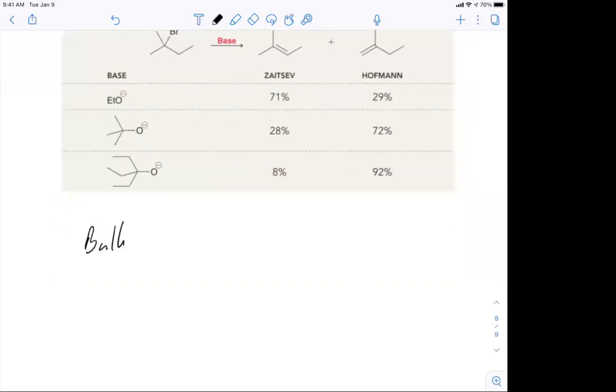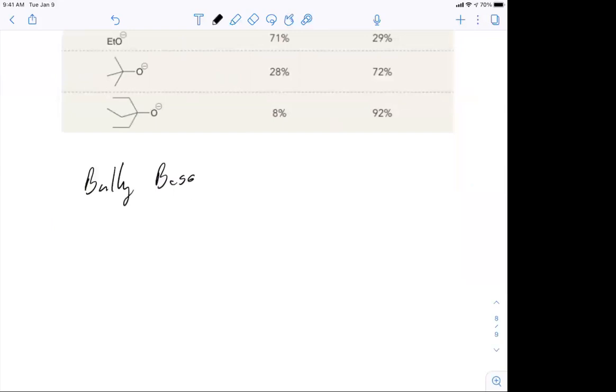So the bulky bases that you're going to see, and that's the term we usually use for sterically hindered bases, is just bulky bases. One of the most common you're going to see is T-butoxide, sometimes written this way.